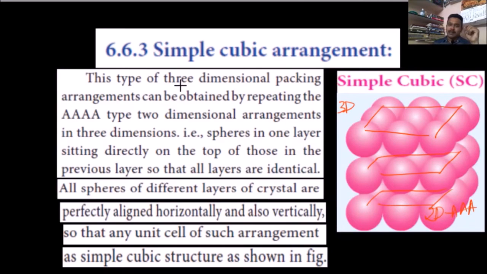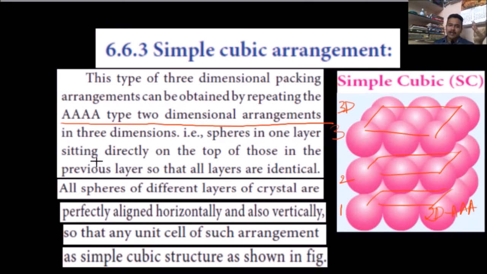See here, this type of three-dimensional packing arrangement can be obtained by repeating the AA type two-dimensional arrangement. This is the two-dimensional one, and again the same thing above also. First layer, second layer, third layer. The first layer is two-dimensional, and that is repeating in the second layer also, and in the third layer also. Now it becomes a three-dimensional arrangement.